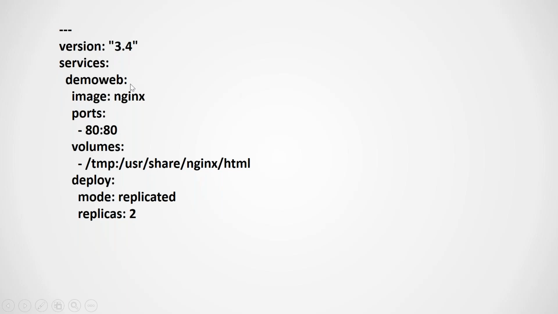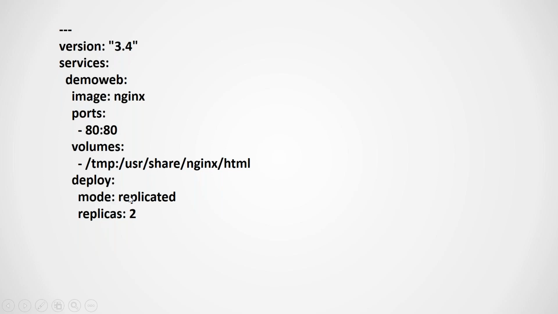You can see here I'm defining what version of Compose to use, and in that, what are the services. Again, I'm just creating one service called demo web, and what image to use, what port number, and what volumes to map. And in that, you can choose what kind of mode you want. So you are going to use a new keyword called deploy, and under that, what is the mode you want.